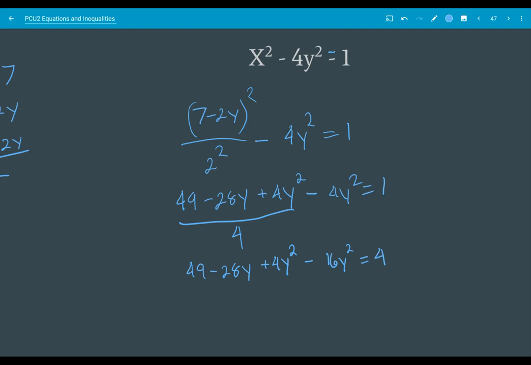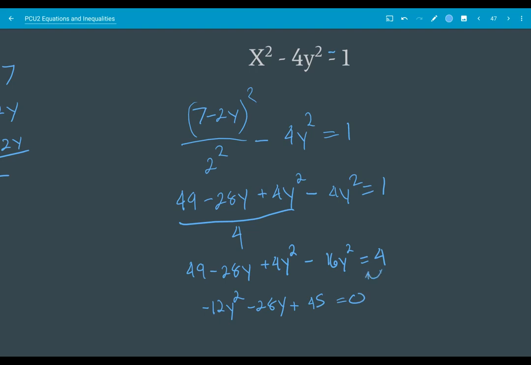Now I need to get it in standard form so I can solve it. So I need to combine my like terms. So I end up with negative 12y squared minus 28y plus 45 equals 0.